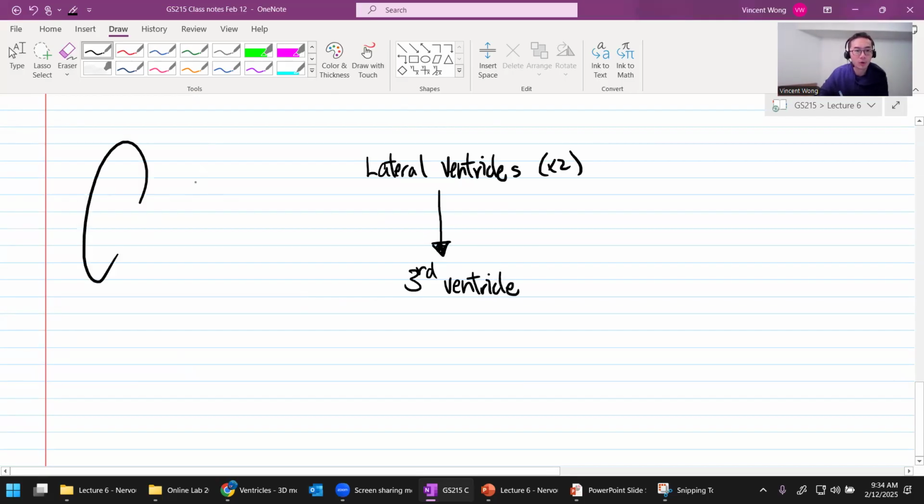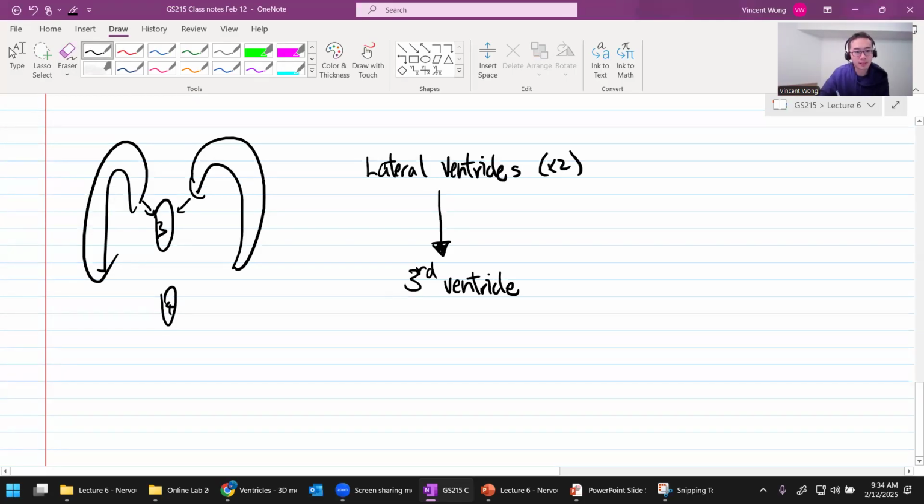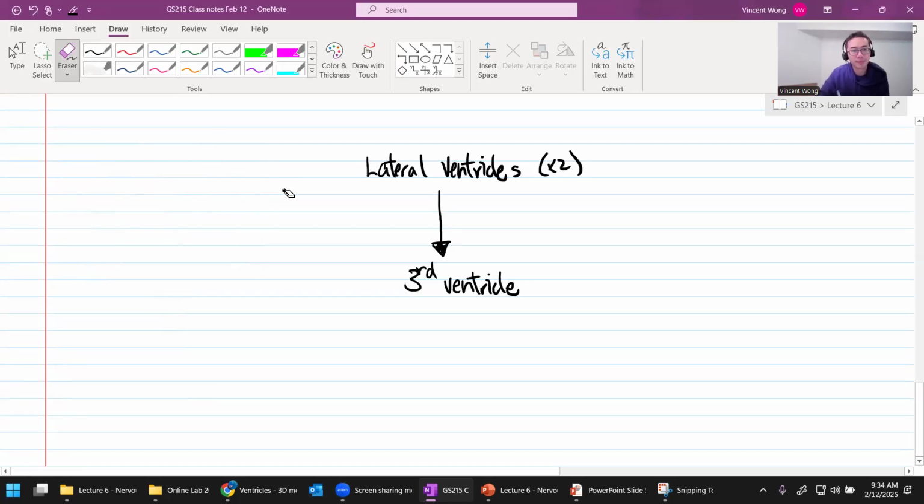Okay, got the horn, and then you have the third, and then you have the fourth, right? I don't draw this. I'm just reminding you. Remember the horn with the pointy tail? Connecting the lateral and the third. Must be sick of me saying this now. That's the interventricular foramen.